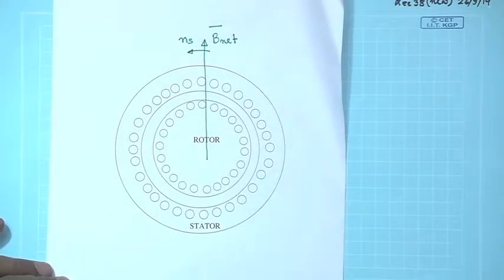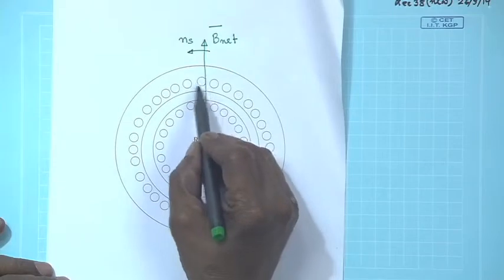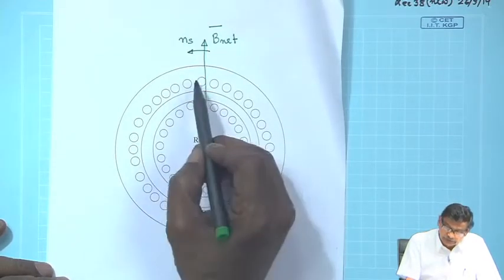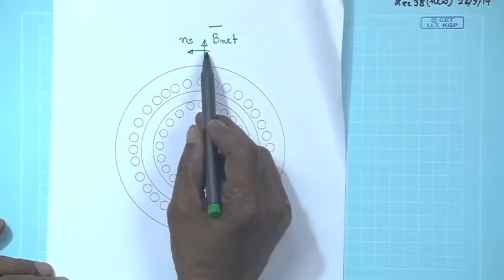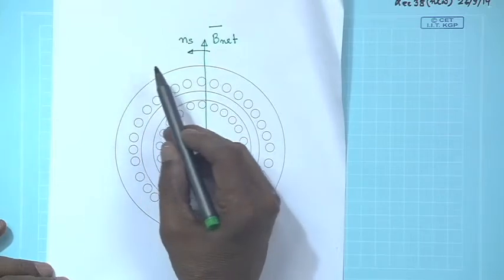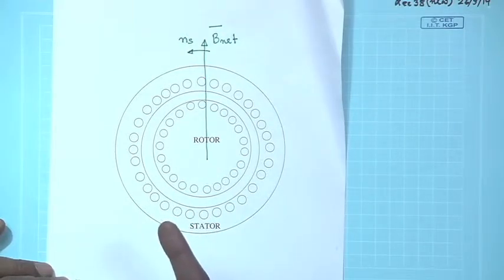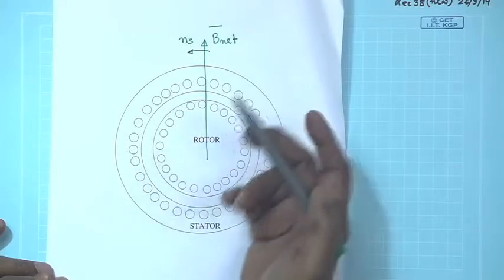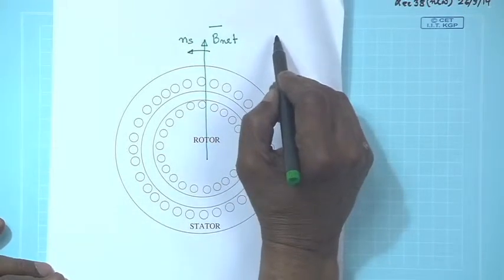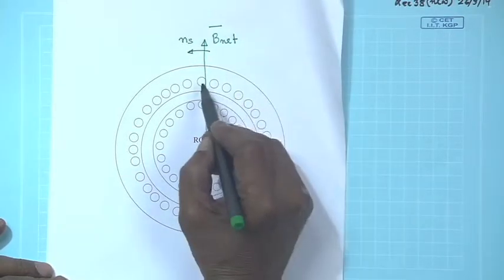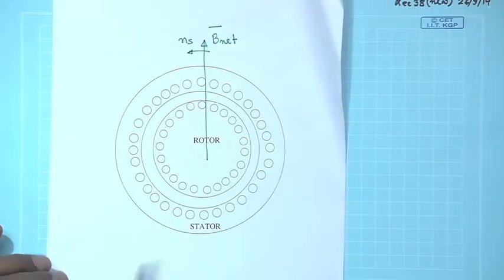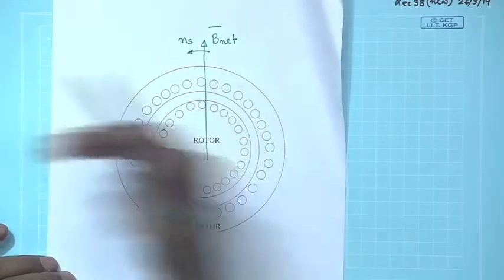Right at that instant of time, when it is positioned vertical, the question is what will be the polarity of the induced voltage in the stator conductor first. With respect to stator, B net is moving in this direction, but while applying the formula BLV, the right hand rule, to find out the polarity of the induced voltage, B should be made stationary and the conductor should be moving with some velocity.